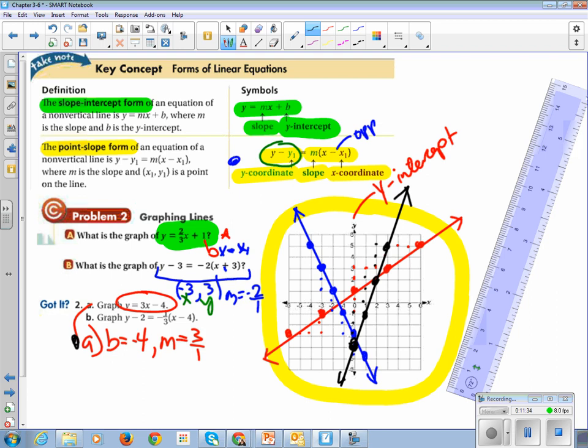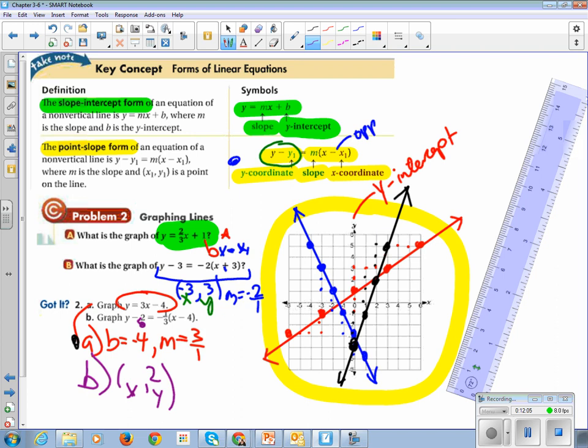All right, and then let's try this point slope form again. We haven't used point slope a whole lot, so it's understandable if it gets a little bit confusing. So in this B, what's our x and our y coordinate? Our y coordinate is going to be the opposite of this one. So the opposite of negative 2 is positive 2.